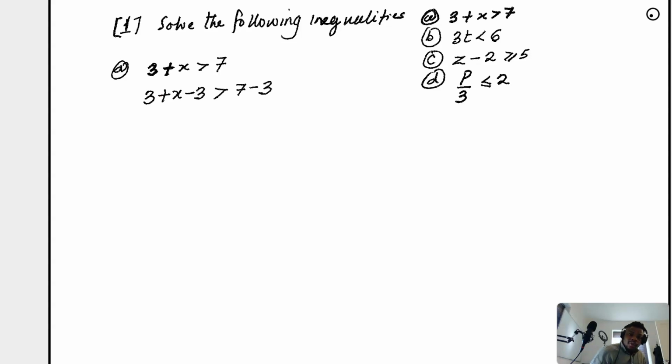And remember the rule, when you add or subtract the same thing on both sides of the inequality, the sign remains the same. So 3 minus 3, that is 0. So x is greater than 4.